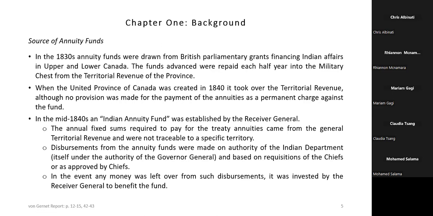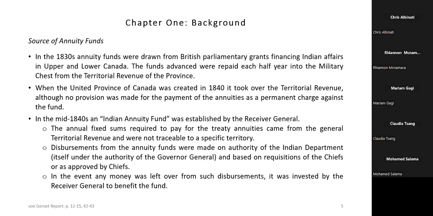And then once you had the United Province of Canada, which was in 1840, there was an Indian annuity fund eventually established. At first, there was no provision made for payments of annuities at all, even though these were like a permanent charge.